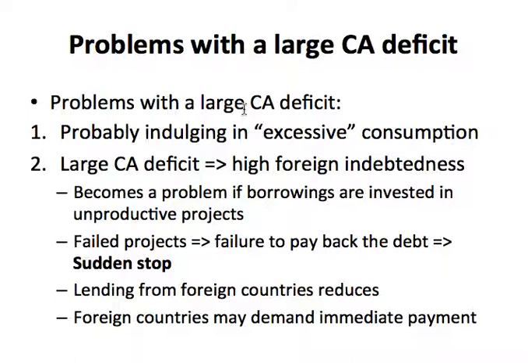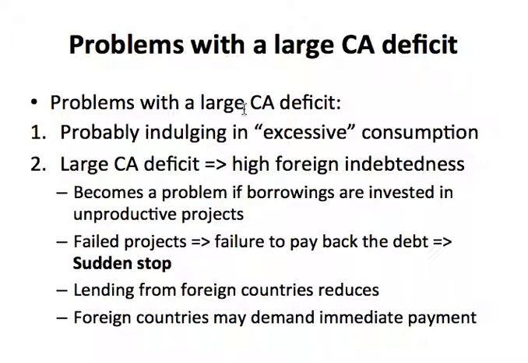The second problem is that, as we have already seen, a current account deficit means foreign indebtedness. If we have a large current account deficit, then that implies a high level of foreign indebtedness. Now, a high level of foreign indebtedness itself is not really a problem as long as you can pay back the amount that you borrowed from the foreigners.